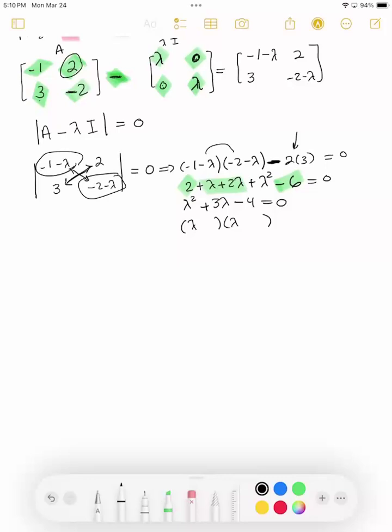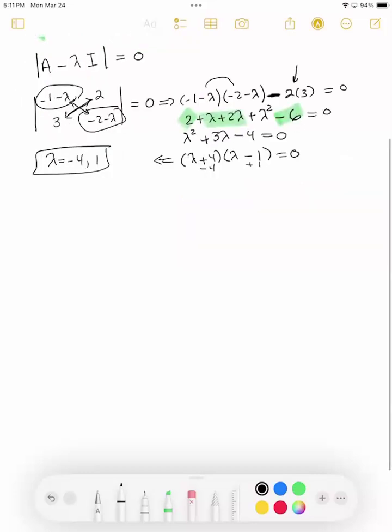Such numbers are +4 and -1. 4 times -1 is -4, and 4 minus 1 is +3. We set it equal to 0. So this gives us lambda is -4 and lambda is +1.